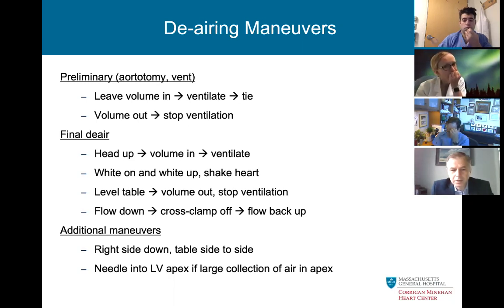Obviously, before the clamp comes off, you have to have the table down or level. Some people skip certain things, but as long as the fellows can explain the logic behind what they're doing and how to manage the de-airing, that's fine. A lot of the time, I notice that people don't have a structure for how to de-air and at what point to take the clamp off.